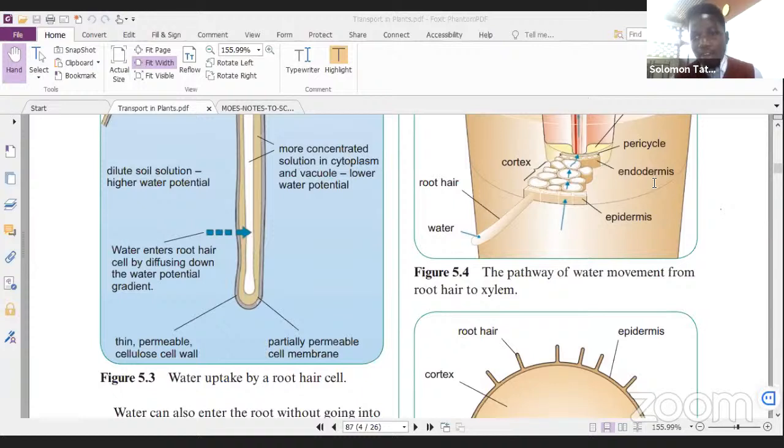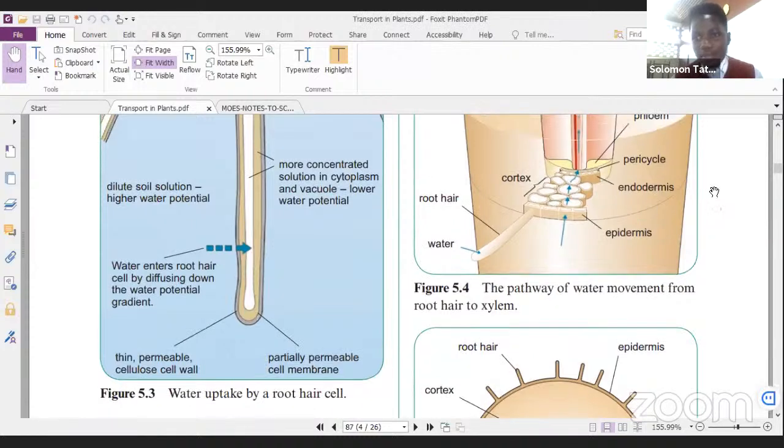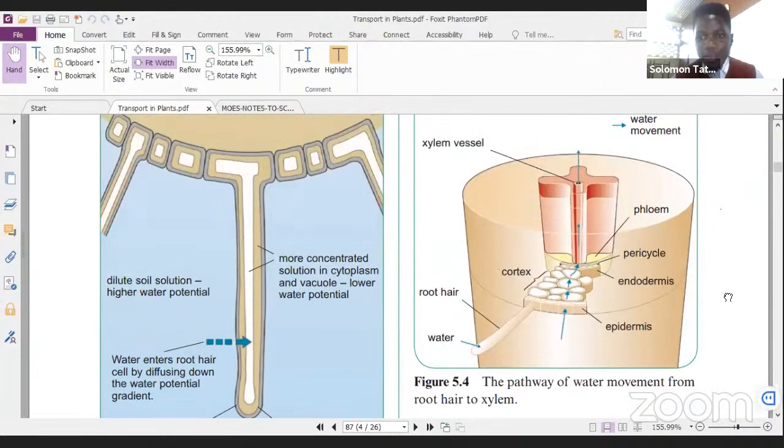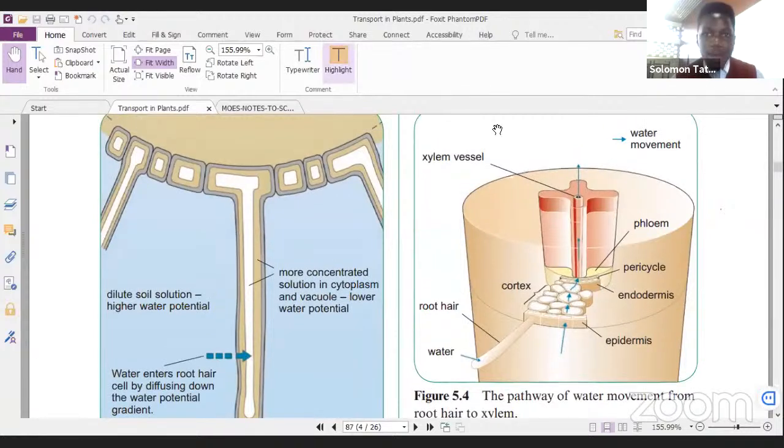So we have this picture right here. This picture shows one of the pathways and how water moves from the root hair, which is right here, that's our root hair, to our xylem, which is right here.